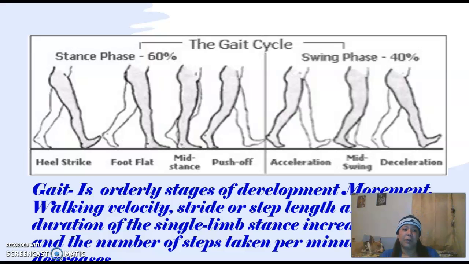So basically, from the moment that you lift your left foot to take a step, all of your muscles are constraining at that time, lifting and bending your knee at a 90-degree angle, then the mid stance when you land on your right foot, then going up again, bending, pushing off, acceleration, mid swing, then deceleration, which is when you land.